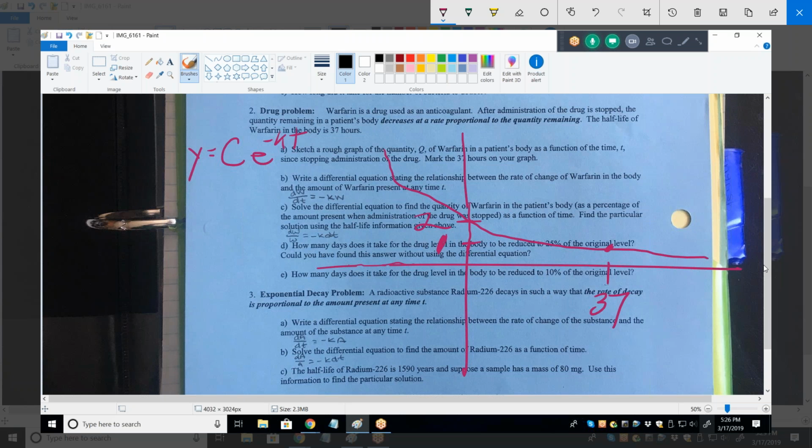And then they're going to ask a question, how many days does it take to reach 25%? Well, that's actually a pretty easy question. Let's answer that immediately. Number D. In other words, we just went to 50%, right? In 37 hours. So how many hours would it take to get to 25% of 2?